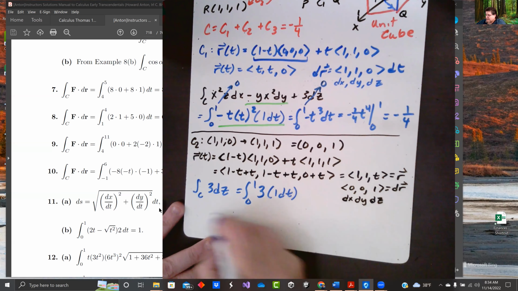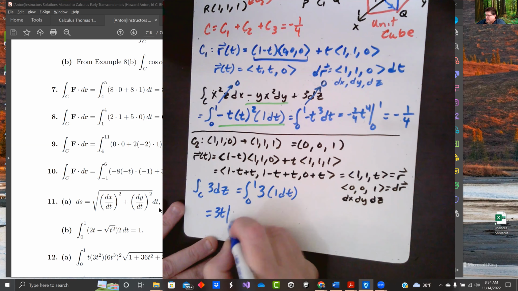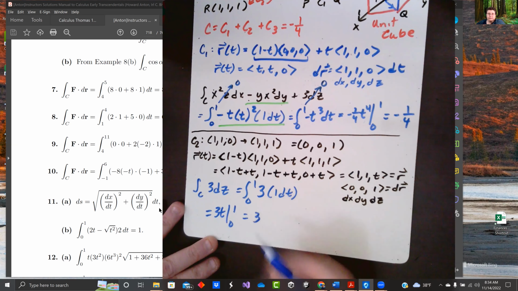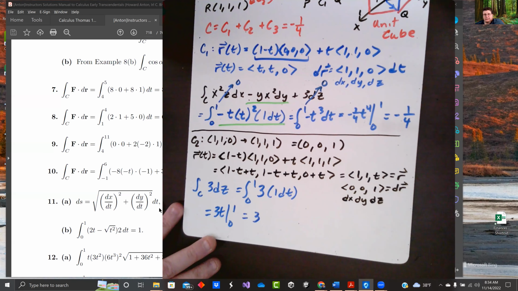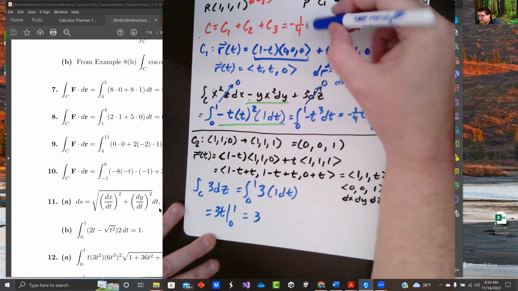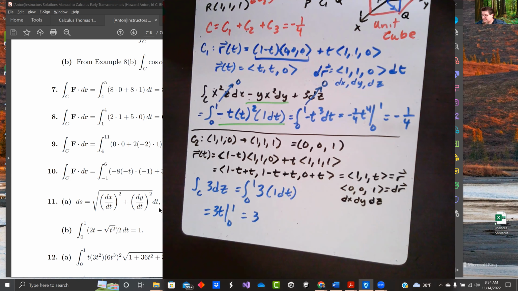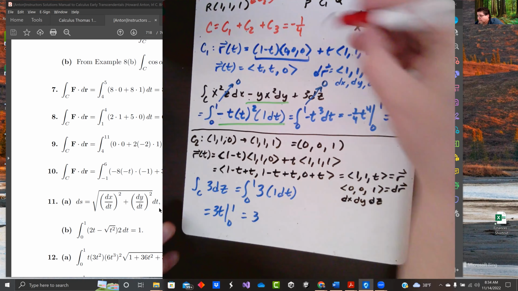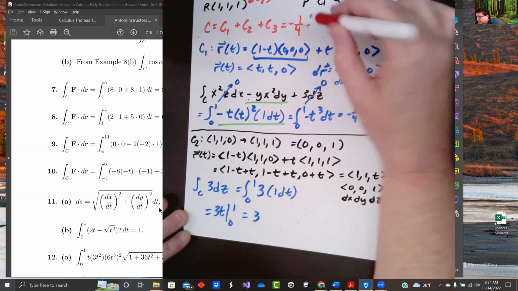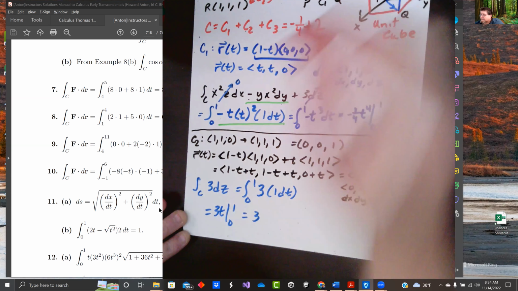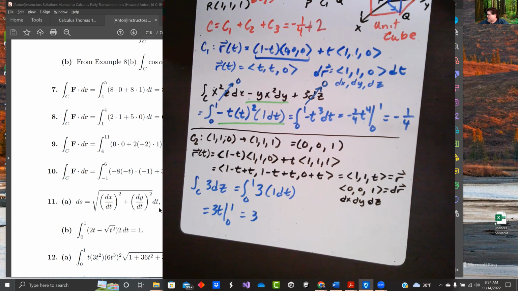So I integrate this, I get 3t evaluated from 0 to 1, and I get 3. And that's for C2, so I will list that up top as my C2 component. Looks like I'm going to need another whiteboard. That's all right.